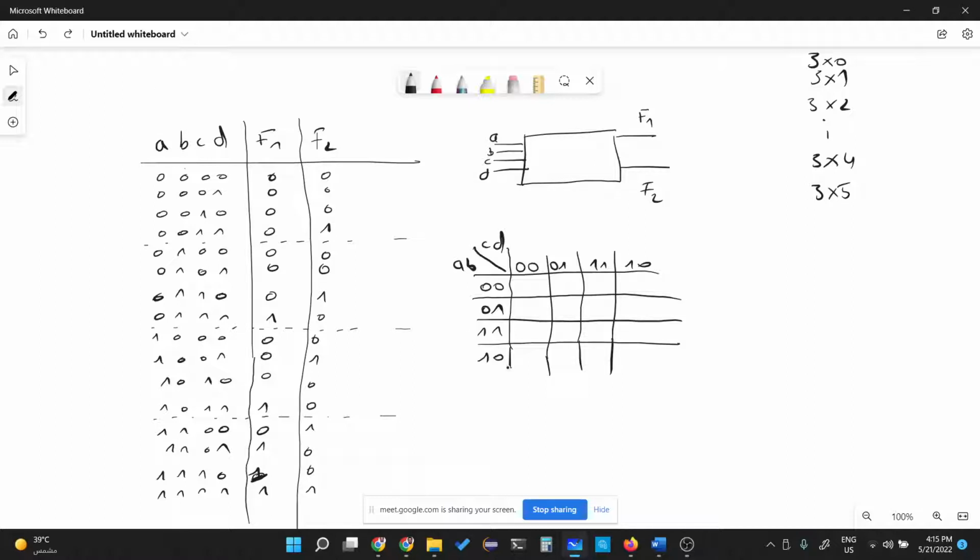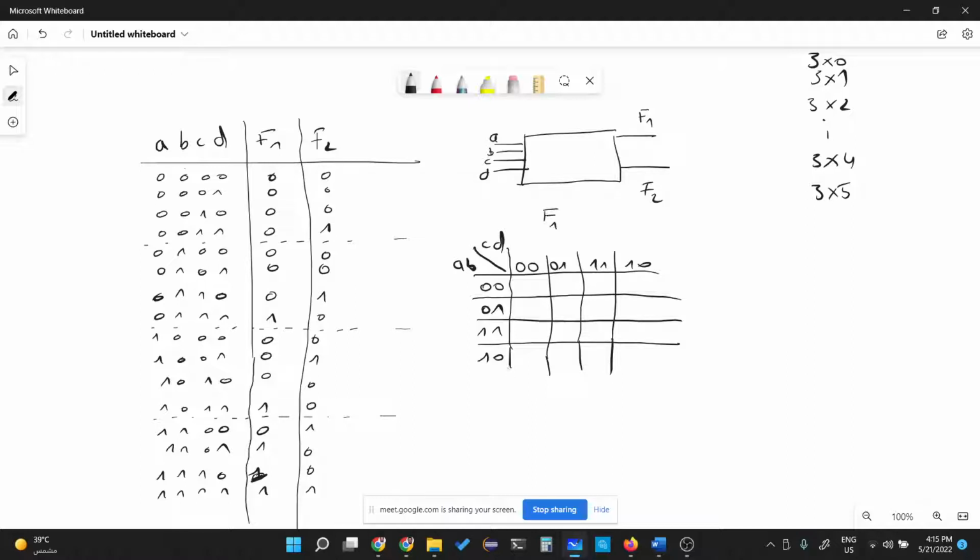Also you have to name the inputs. Make a little block diagram like this and name your inputs A, B, C, D. A, for example, is the bit with the highest weight. Okay, so we'll make the truth table for F1 with one color and maybe F2 with another color.